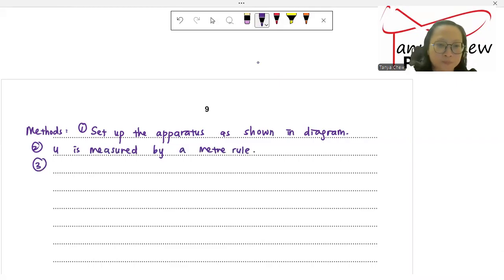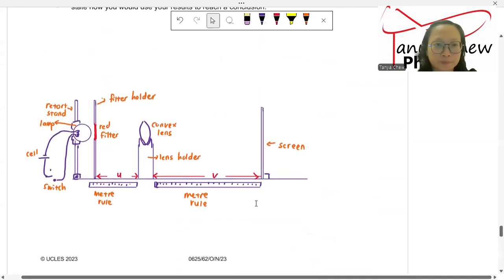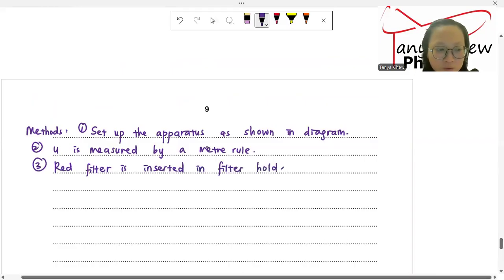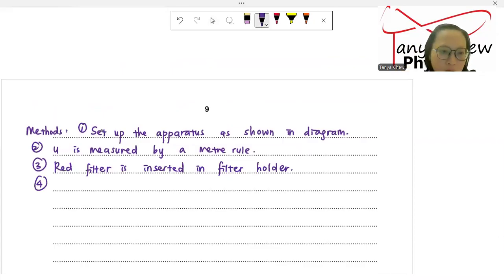And first of all, I put in the red filter. Red filter is inserted in the filter holder. And then close the switch so that the lamp will light up.